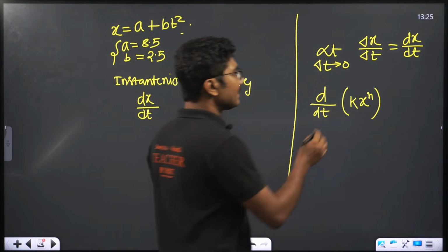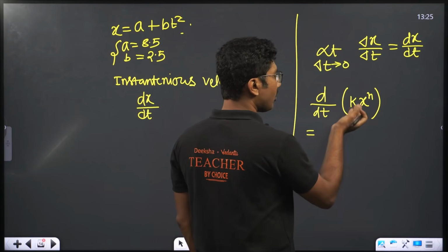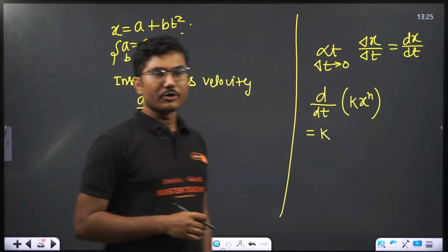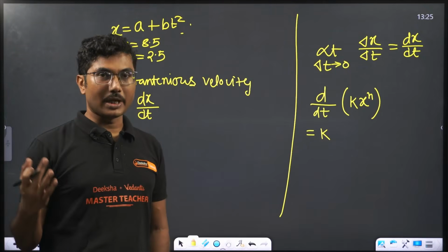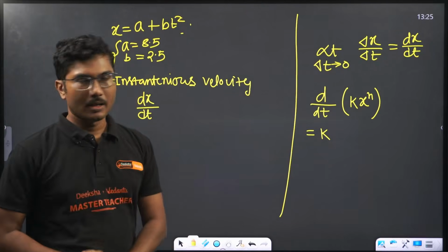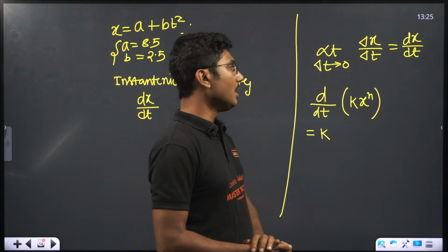So what is this? First of all, this is a constant. Whenever you are doing a differentiation, the constant comes out of the differentiator as a simple multiplier. It has nothing to do, it will just come out. Next we are differentiating x to the power n. That is important.